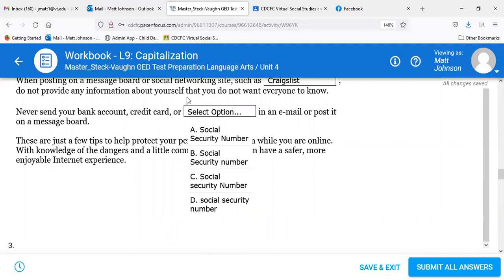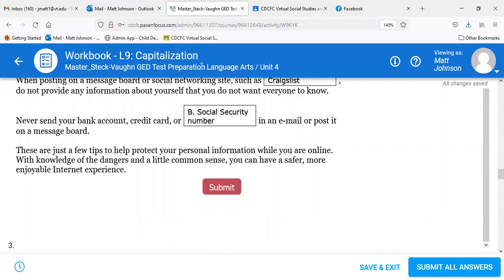I think B, as in dog. Social Security is a specific office. It's actually B. Yeah. Social Security is a specific thing.